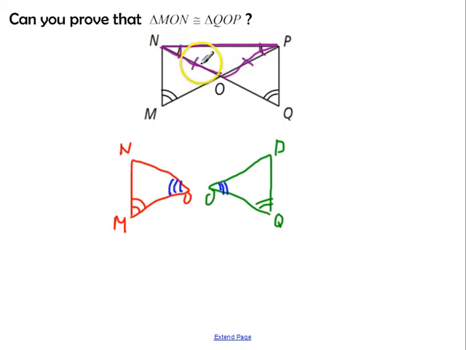So that means segment NO is congruent to segment OP. You find segment NO right here and segment OP on this triangle. So now we have 2 pairs of angles that are congruent and 1 pair of corresponding sides. So these 2 triangles are congruent using angle, angle, side.